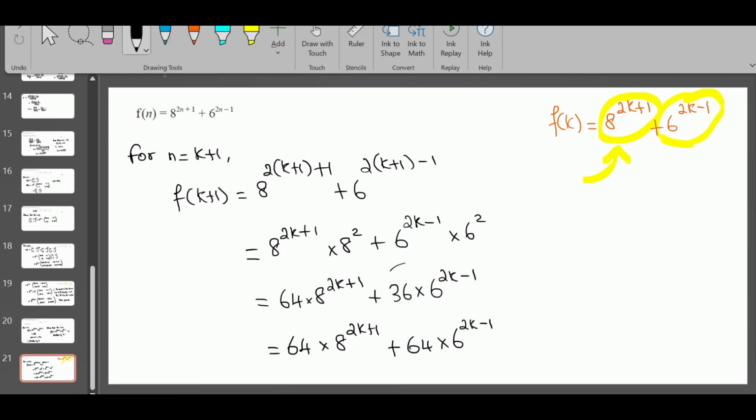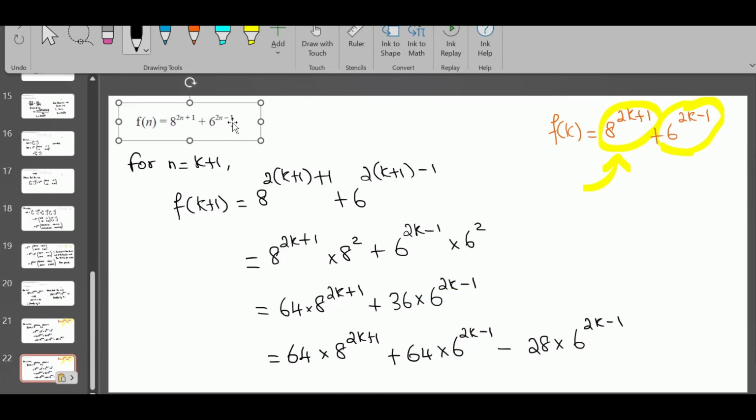But only 36, consider this as x, okay? We have only 36x here. But I put 64x, so I need to subtract the rest of them, right? Subtract 28x. So when you simplify, not 32, it's supposed to be 28, I think. 28 plus 36 is 64, correct? Yep.